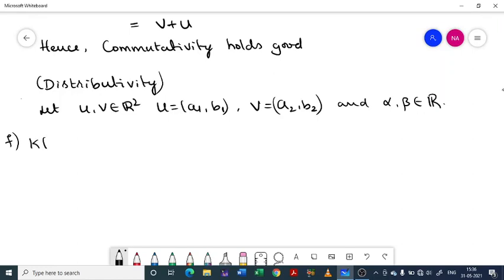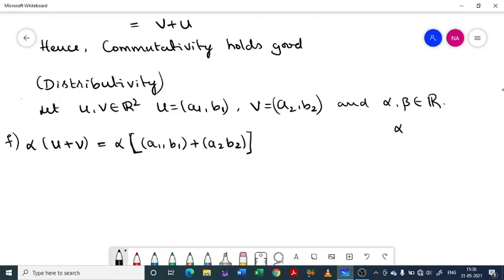K times of U plus V will be equal to, okay, sorry, not K times, it is alpha. Alpha times of U plus V equal to alpha times of U plus V. U is A1 comma B1 plus A2 comma B2. What I have to prove?